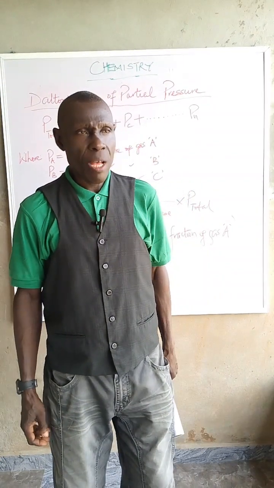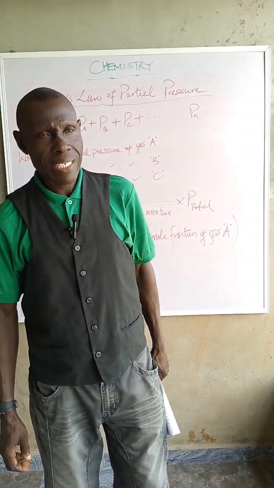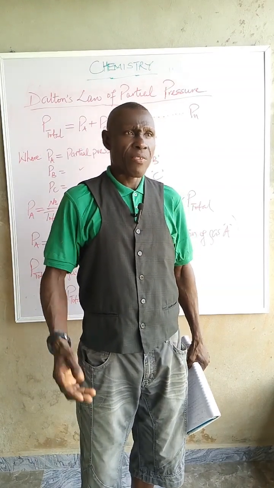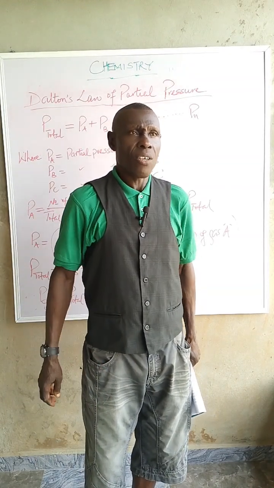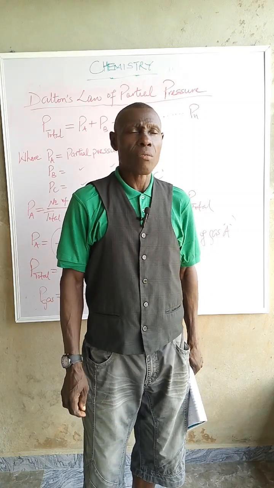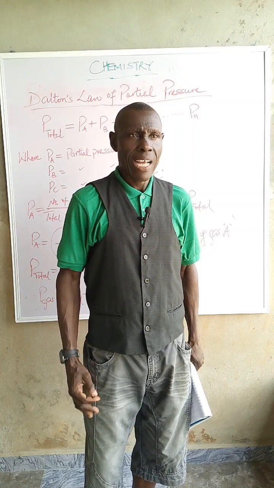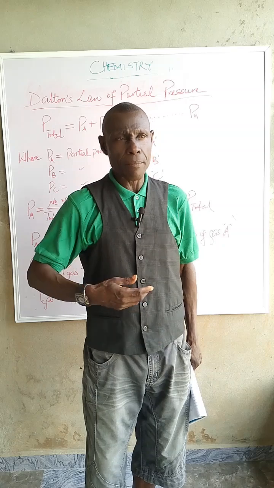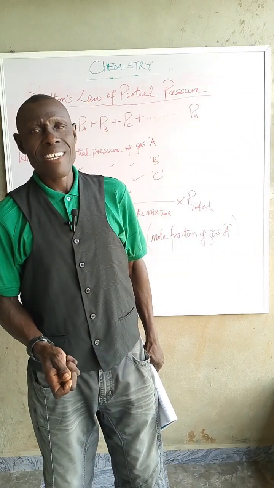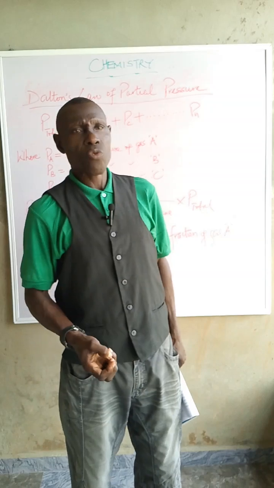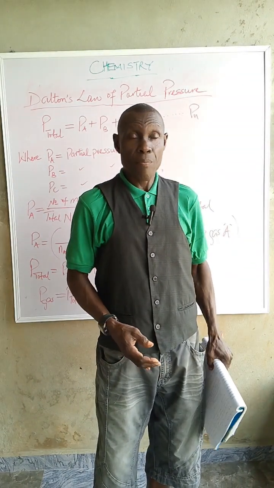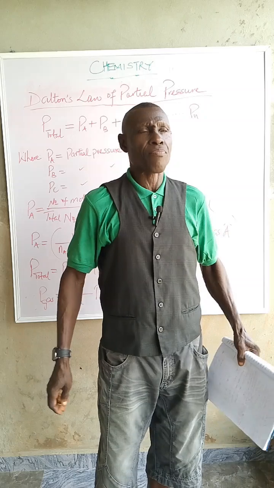All along, we have been dealing with gas laws. In our previous lessons, we have so far treated Boyle's law, Charles's law, and calculations based on them. We have equally treated the general gas equation and also the ideal gas equation, and we have also calculated some problems based on them.